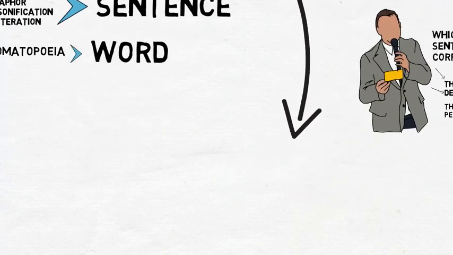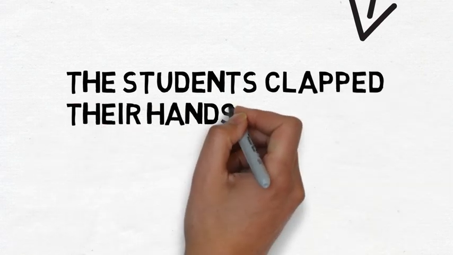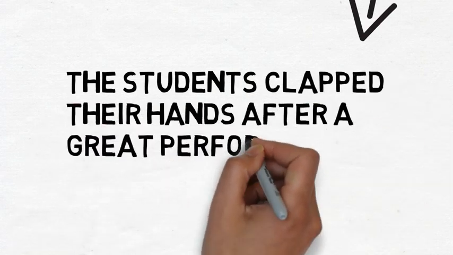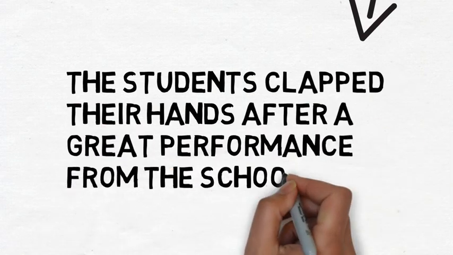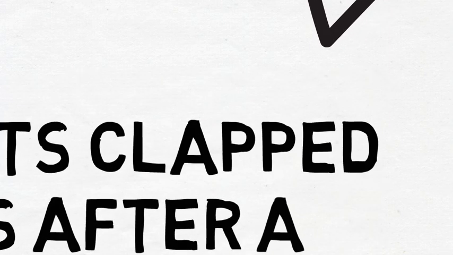Okay, take a look at the example. The students clap their hands after a great performance from the school band. Where is the onomatopoeia? The students, clap, hands, performance, or school band? Right, it's clap. What does clap mean? Tepuk tangan.